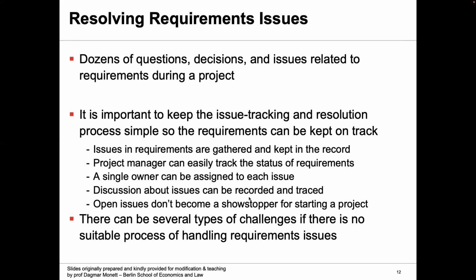If they're all kept in a record, and there's a single team member assigned to each issue, then discussions held about those issues can be recorded and traced, and open issues don't become a showstopper for starting a project. This is basically what we have discussed even before, that open issues which need to be resolved, which are still under conflict, don't mean that we need to stop our project.